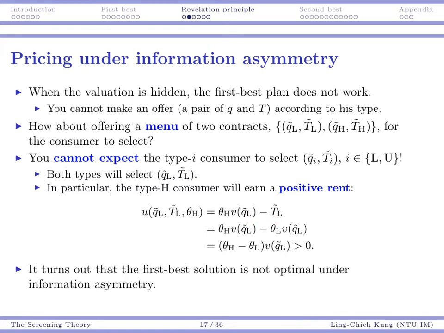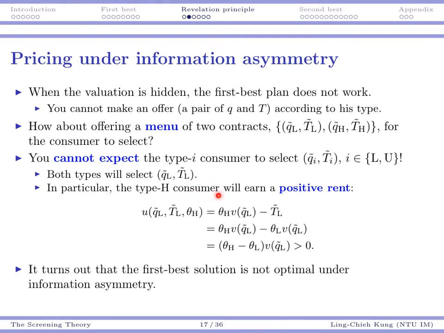You also know that T tilde L satisfies T tilde L equals theta L V(Q tilde L). This is something you know. You know these two quantities are identical. And then you immediately see that theta h minus theta L is positive. This V function is also positive.